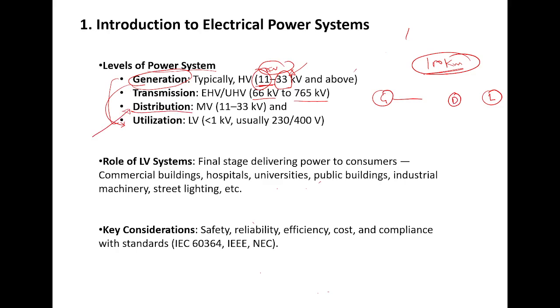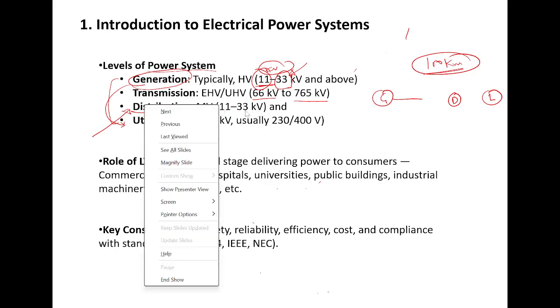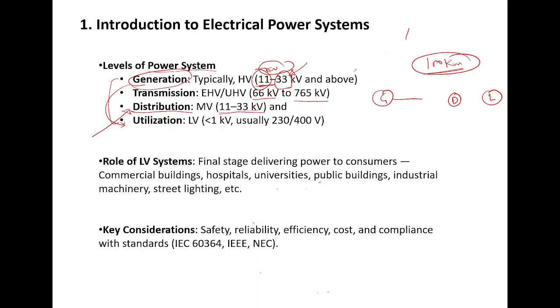At this stage, you again step down the voltage, and these substations will be located in or near your city, so that the electricity will be stepped down and then distributed to the different consumers.